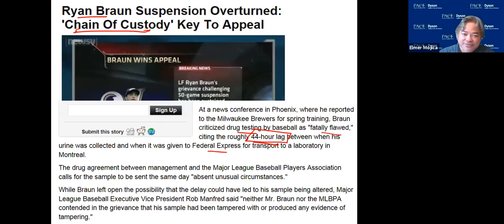Okay? So sometimes when they collect the sample, there are also analytical methods that are not yet developed. Who's that? The cycling case, who always won the Tour de France, but they found out that he was doping.